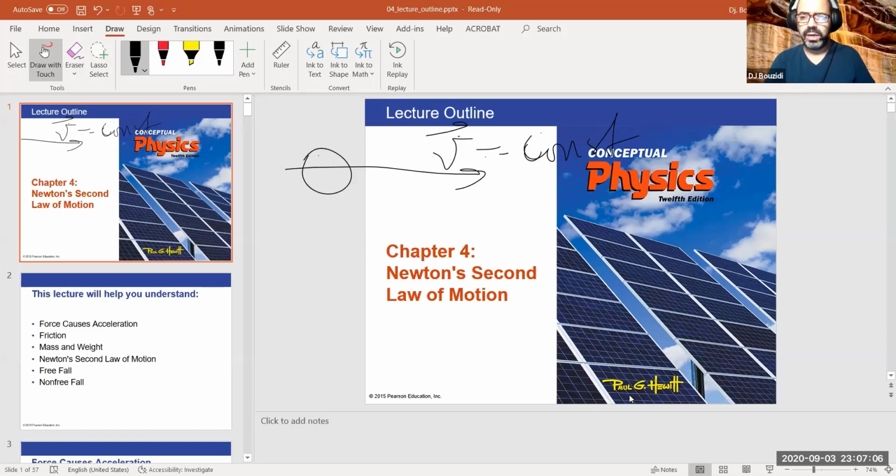The second law, we will learn about it, is a cause and effect relationship. We're still dealing with a single object, but that object happens to be under net forces. So this object now is under net forces. For that object, V equal to a constant is no longer true. V will change, in one or two ways: either a change in magnitude or a change in direction. As a matter of fact, it can change in both.